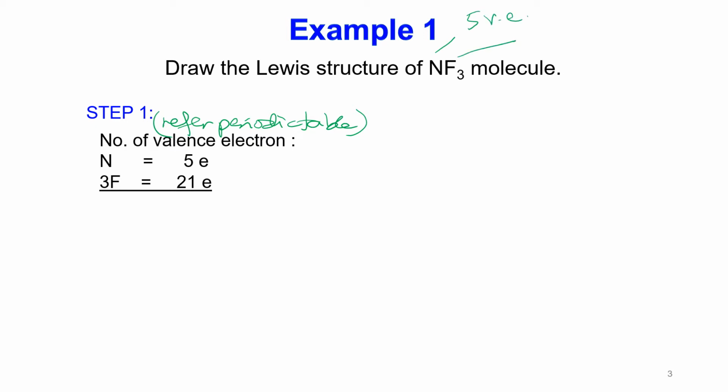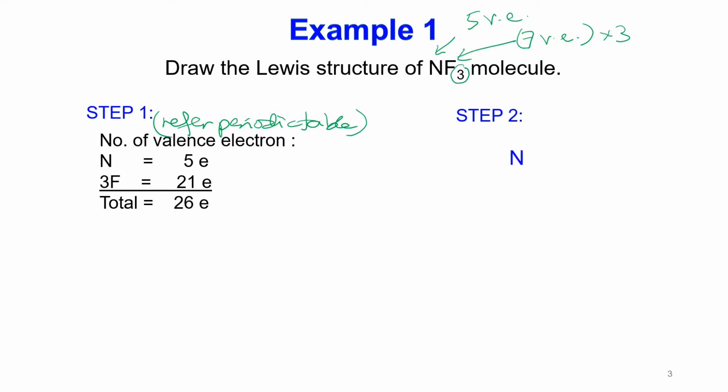Fluorine, 7 valence electron, but we need to times with 3 because we have 3 atoms of fluorine. So now the total is 26 electron.